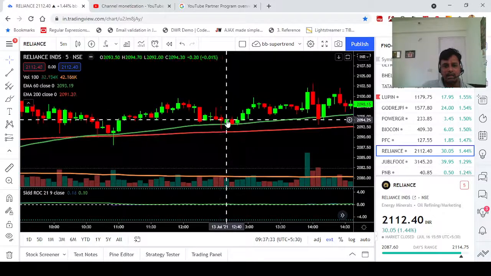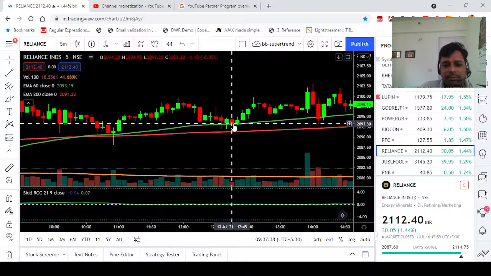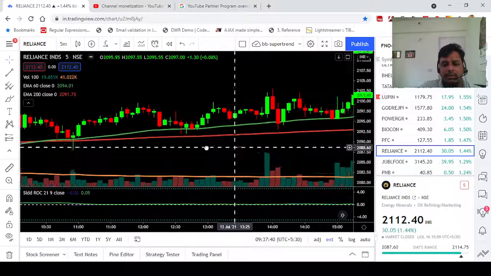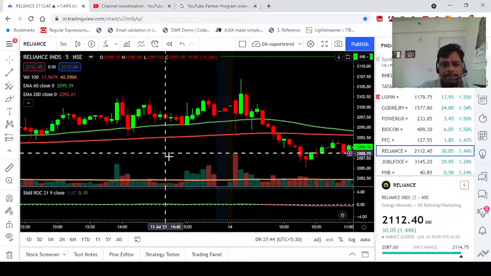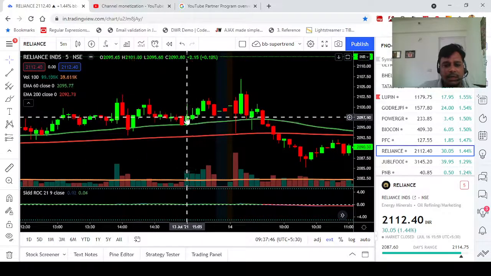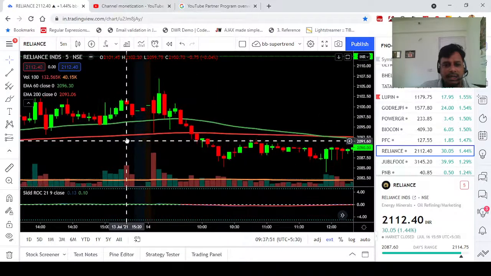Correct? If hammers are happening here, that means a pullback will happen. Then here the bullish Rami patterns are there. Then it is almost a bullish engulfing. Correct.